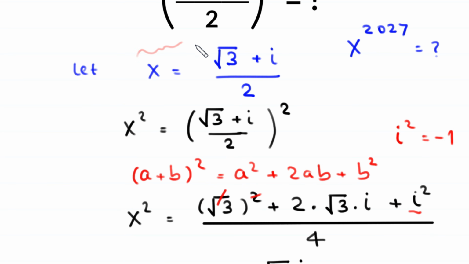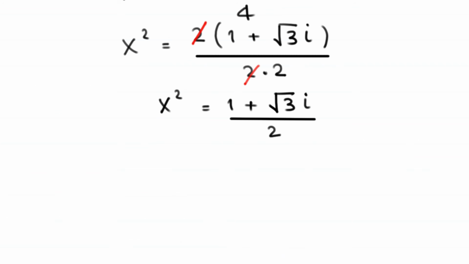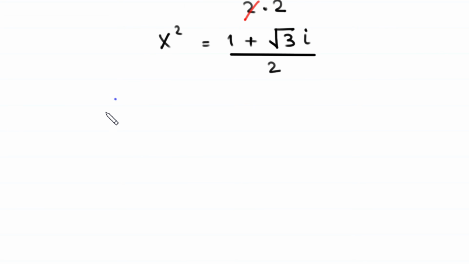x is equal to root 3 plus i over 2, and we take a cube of both sides.